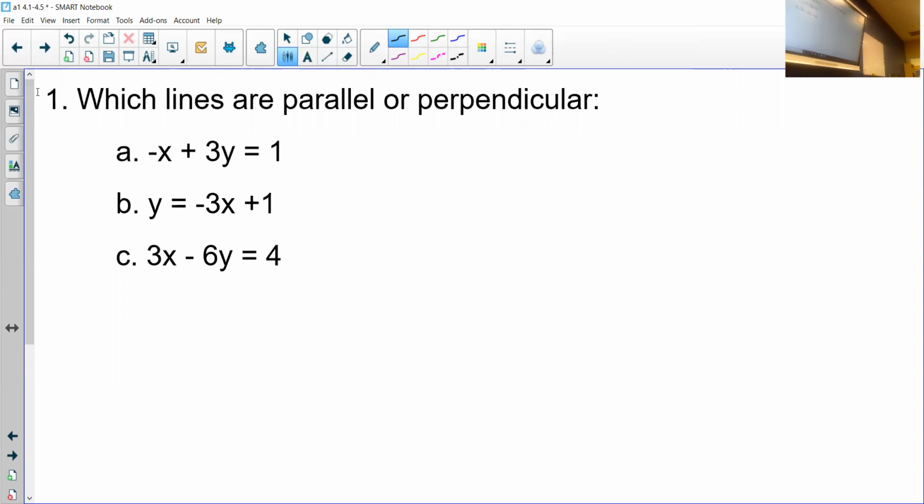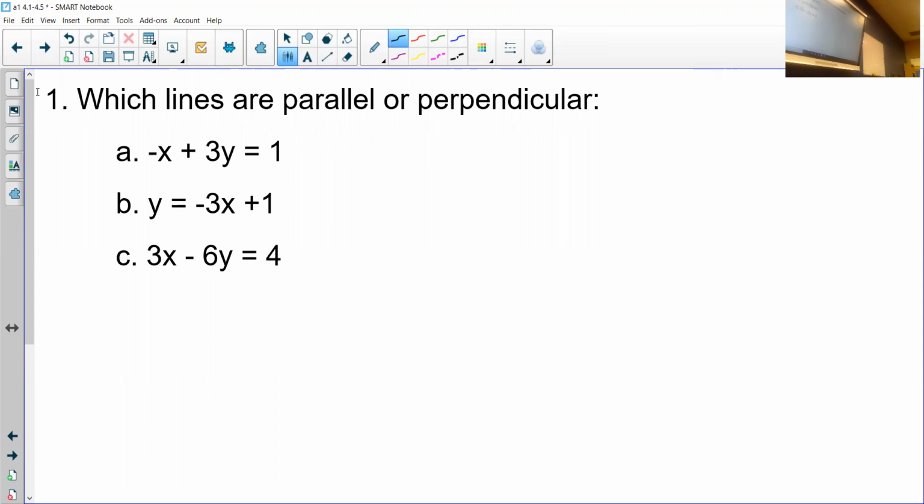Each other's slopes. If the slope is a negative reciprocal, that means those two lines are what? Perpendicular. Good. If the slopes were exactly the same, those two lines are?